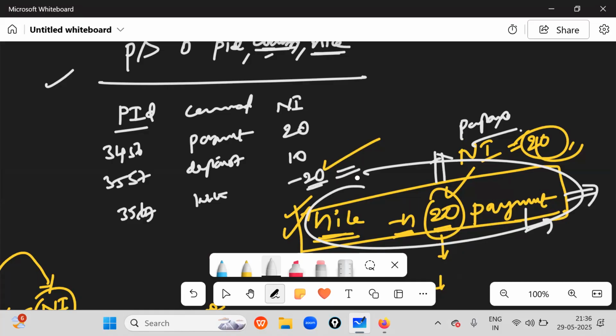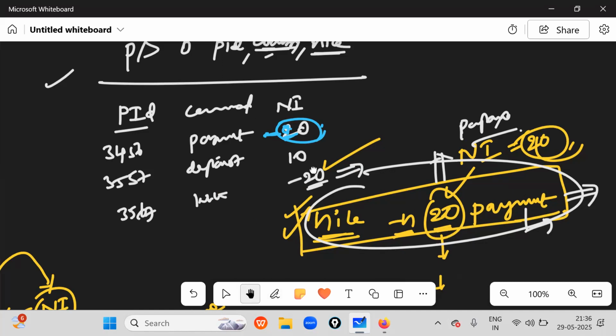Negative means high priority. This is also negative, minus 20, for payment, high priority. Like that, we can display the nice values.